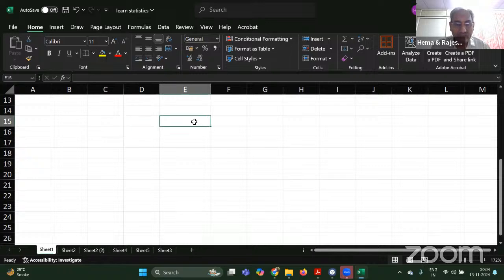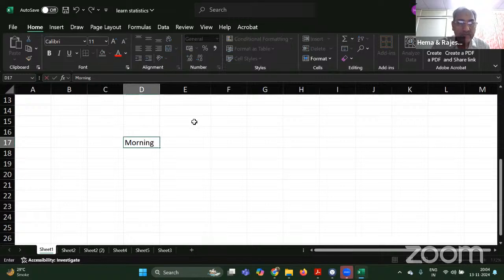We have the reading habits, right? Let's say reading habit in the morning and reading habits at late night. We are comparing this.